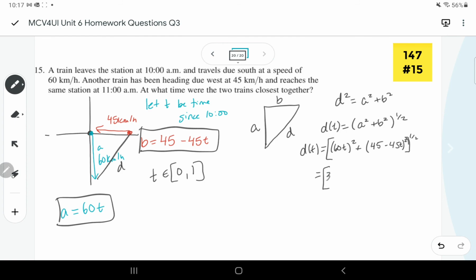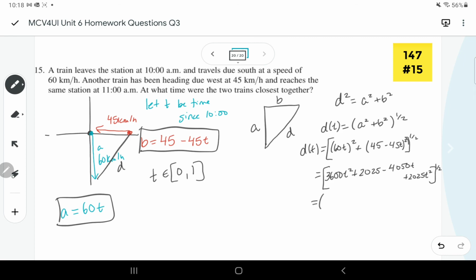So this will be 3600t squared plus 2025 minus 4050t plus 2025t squared, all to the exponent 1/2.